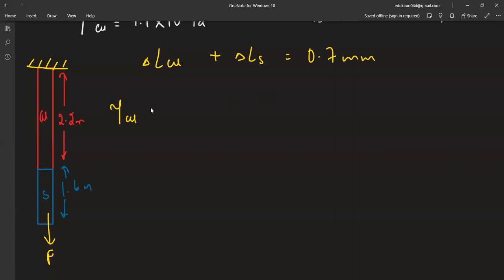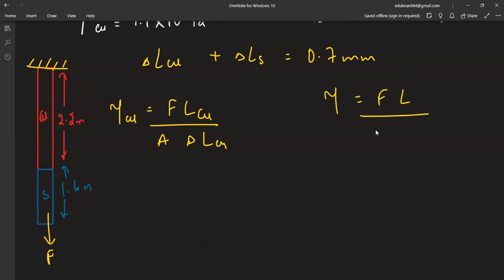When we write Young's modulus for copper, it will be FL by A delta L. Force is the same, length of copper is different, and area of cross section is the same for both. Delta L of copper is there.